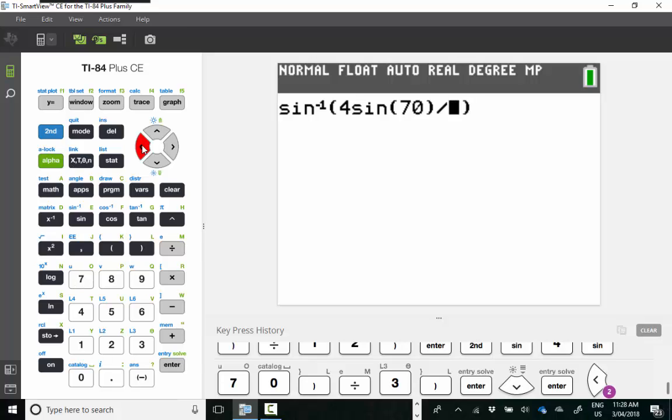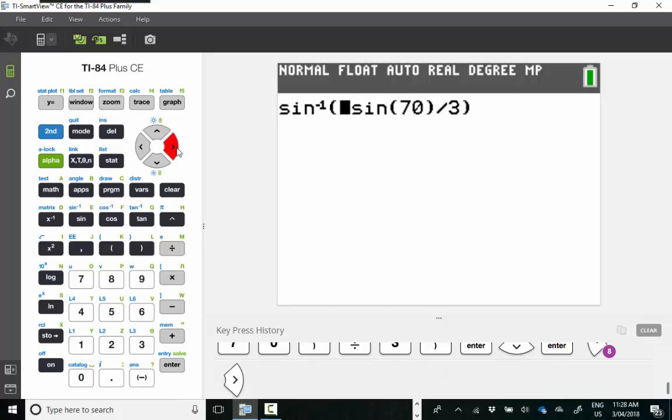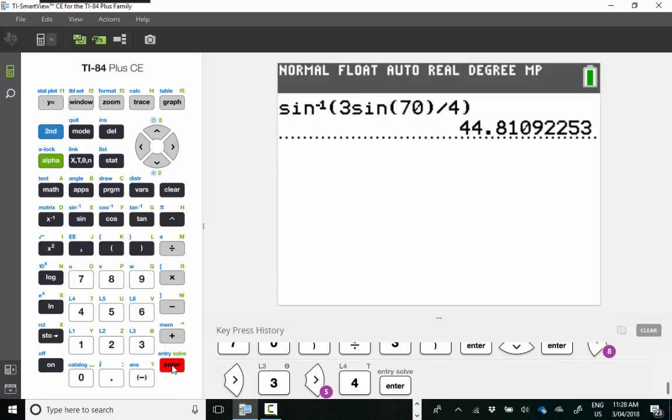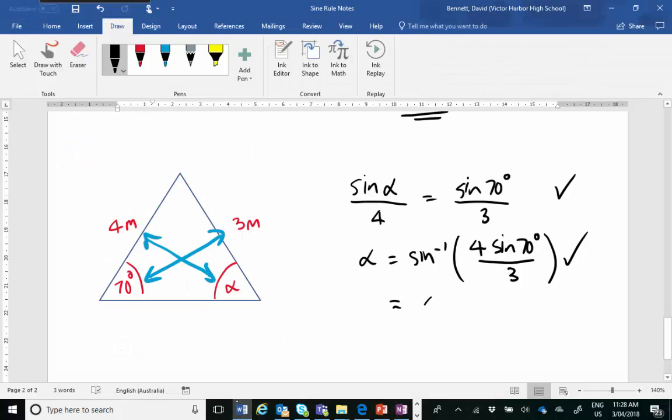Let's change the relationship. Let's make the longest side 3, that one over there, and see if that works. And that's going to work. If I change the diagram around, that gives 44.8. All I'm going to do is change these things around to make that work, because obviously it doesn't exist in that relationship.